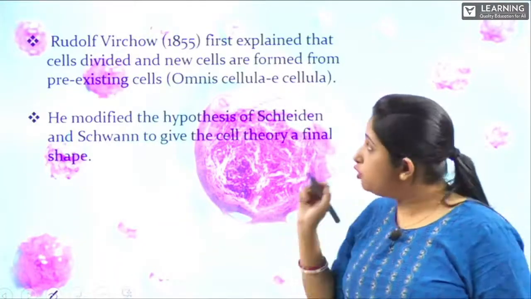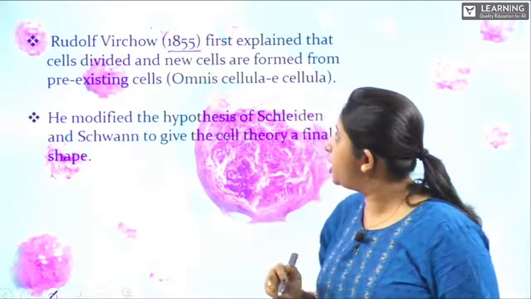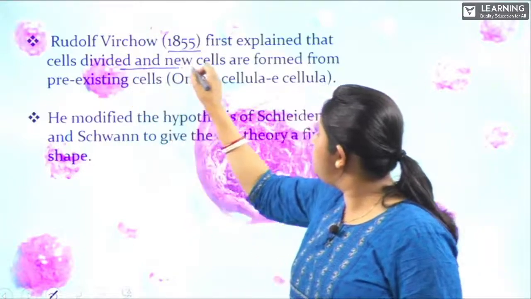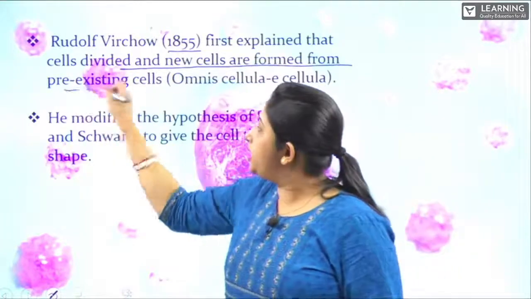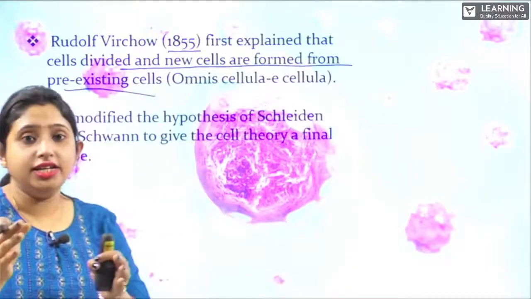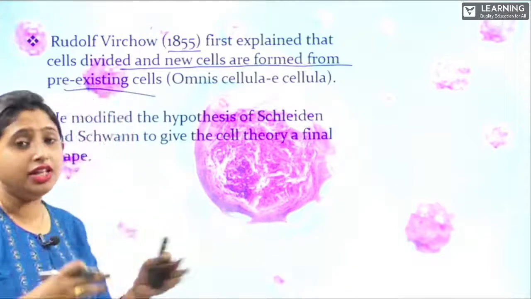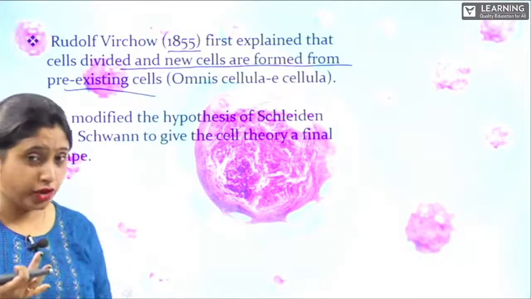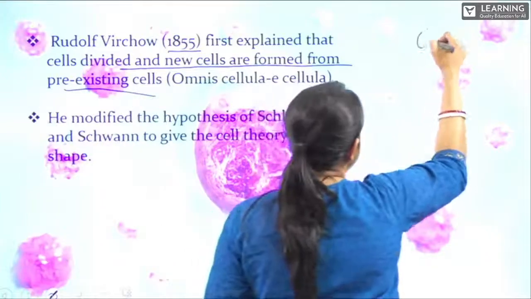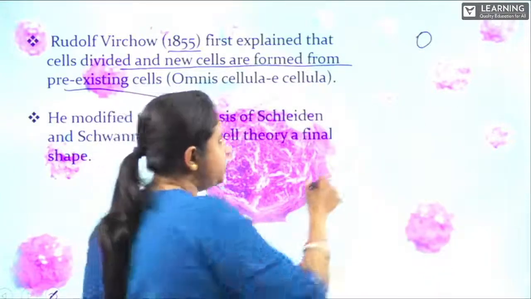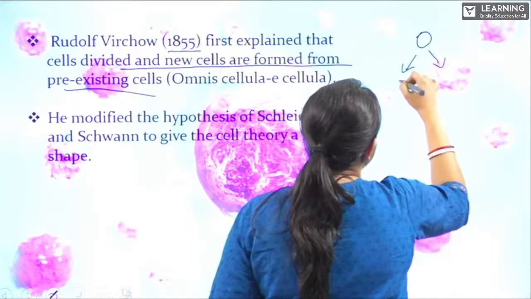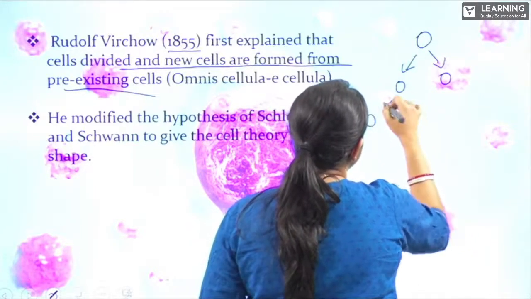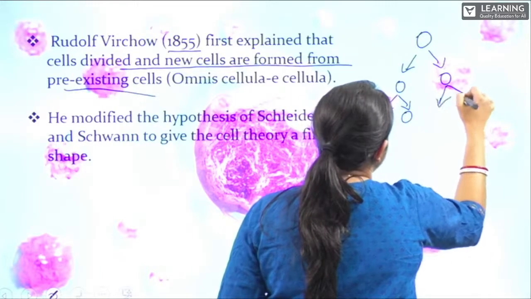Another scientist was Rudolf Virchow, in the year 1855. He was the first to explain that cells divide and new cells are formed from pre-existing cells. The scientists who gave the cell theory could not explain how or why cells divide. A single cell divides into two cells, and from those two cells, four cells are formed.